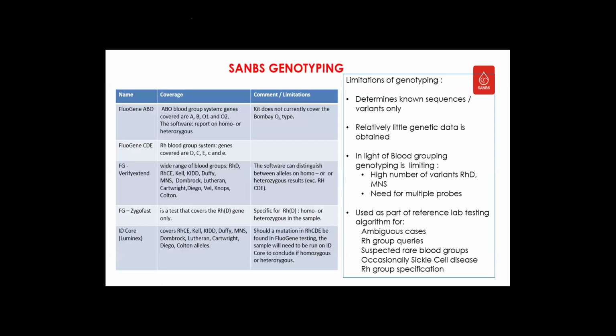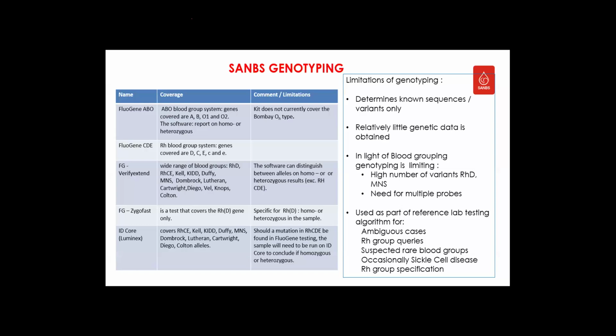It doesn't mean that we always find an answer, but following extensive phenotyping and then going through to genotyping, we have two systems. We have a Luminex system called the ID CORE, and then a FlowGene, which focuses on ABO, and then we have another FlowGene kit which focuses more on the RHD system.